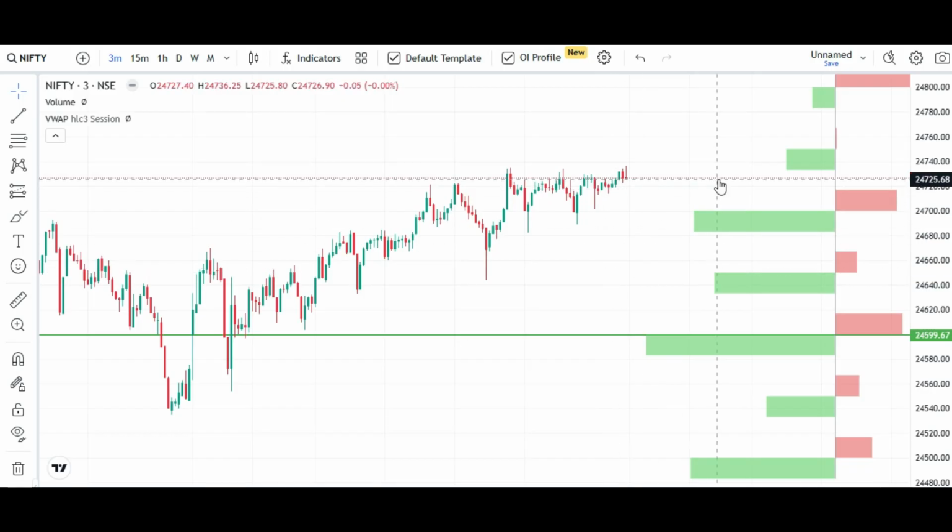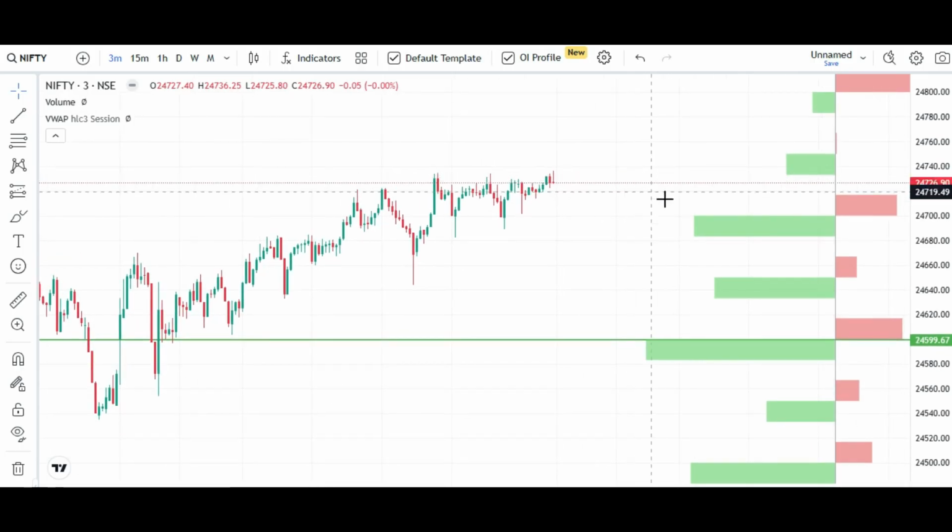Wait until this level, the previous day's closing, and then look for price action as to what price is doing at this particular level, whether it is holding this level. And if the market is able to hold this level, go sideways for 15 minutes, 20 minutes, then you can count on stop hunting on the downside and then going upside. So that is typically what will generally happen.